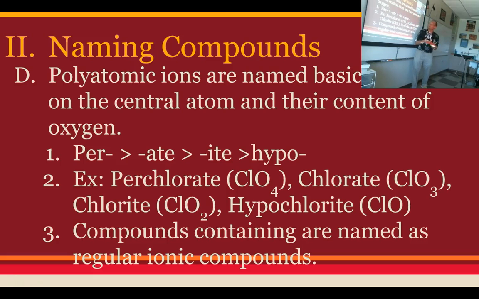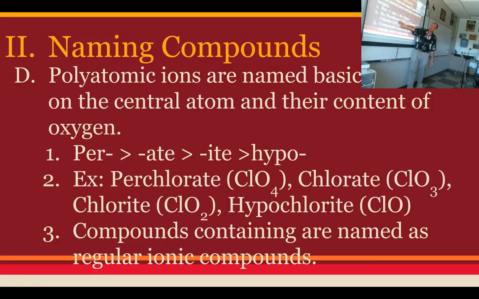So that's good. But what happens if you have options where there's 3 or 4 kinds of an ion, like there is for the chlorine one that I gave you as the example? Now you would leave the ate and say, I've got even more than the ate. And that's per-something-ate. And the per going in front means, wow, so much oxygen you can't believe it. Or you have hypo, which can be a prefix that means I have even less than the ite.